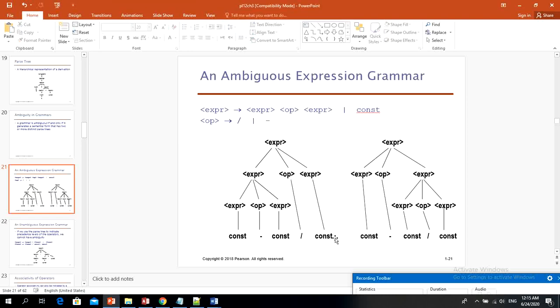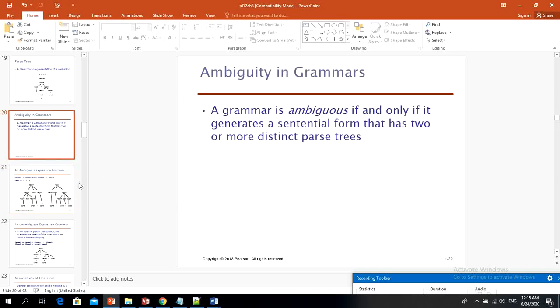Look at the last line, the last statement. Constant minus constant divided by constant, and here constant minus constant divided by constant. They are identical. And in this case, let me go back to my definition. They said a grammar is ambiguous if and only if it generates a sentential form that has two or more distinct parse trees.